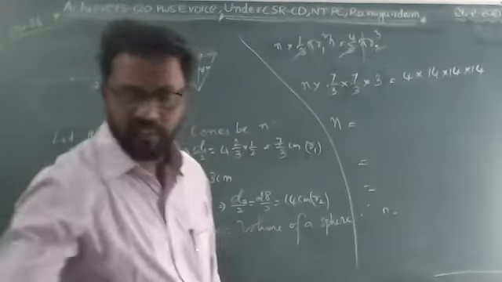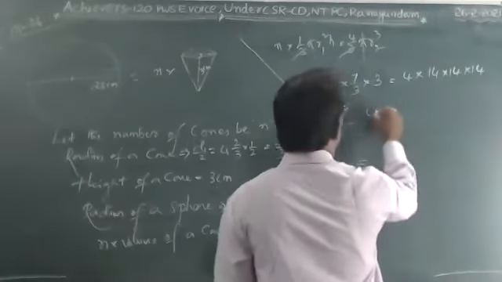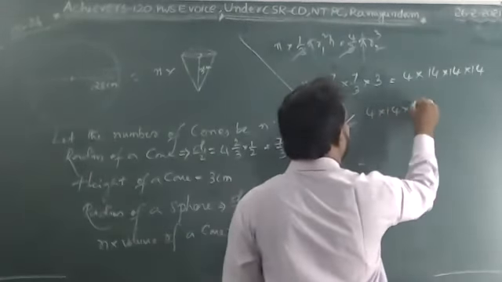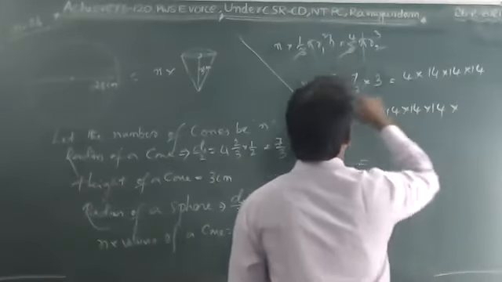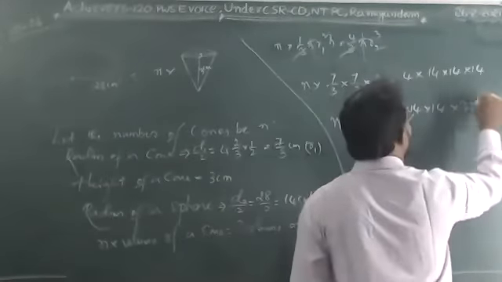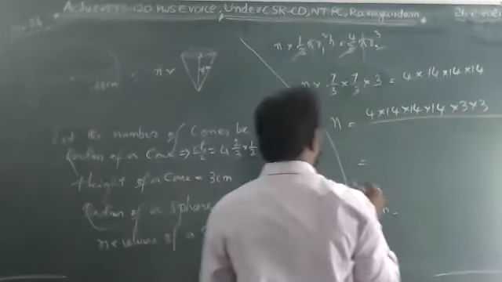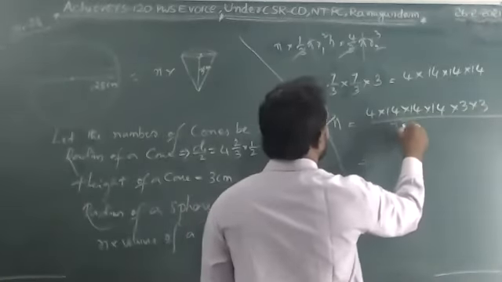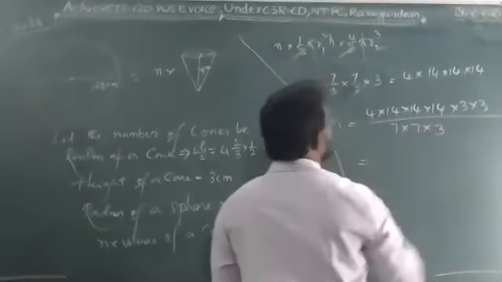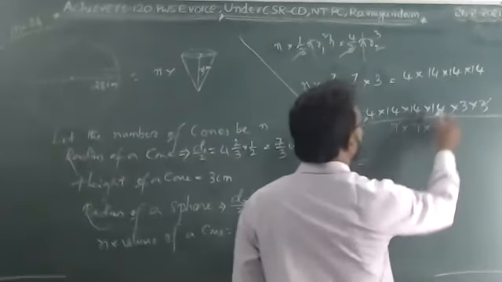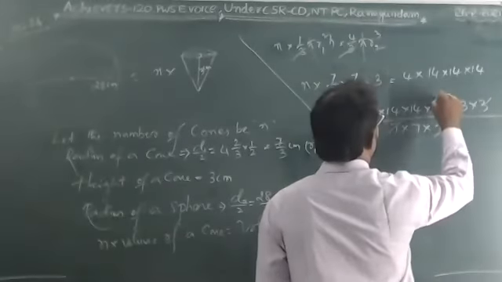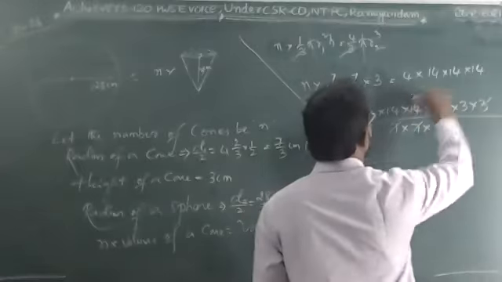In this you will get a half, I hope. Yes, 4 into 14 into 14 into 14, 4 times, 3 times. Into these 3, 2 brings to the right side, goes to numerator, and 7 into 7 into 3. Now see here, 3 ones are 3, 7 ones are 7, 7 twos are 14.